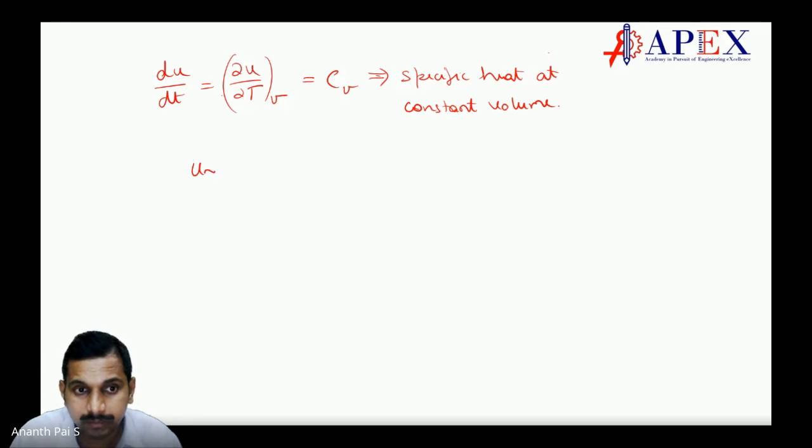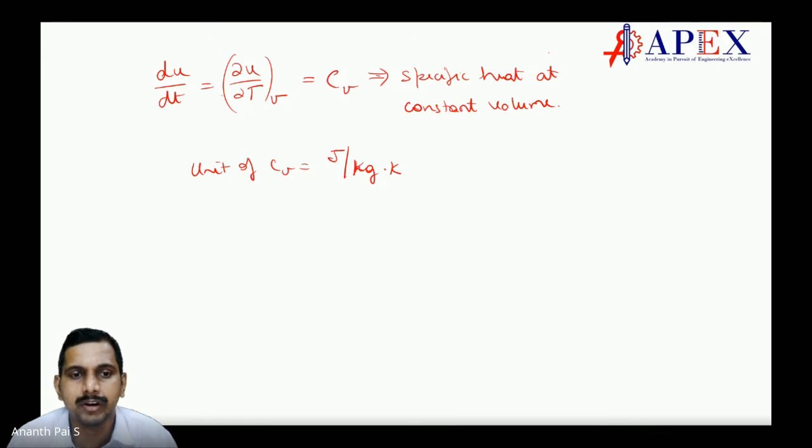The unit of Cv is kilojoules or joules per kg Kelvin. Very important. It is joules per kg Kelvin. Why joules per kg? Because u is in terms of joules per kg, divided by Kelvin. Joules per kg Kelvin is the unit of Cv.